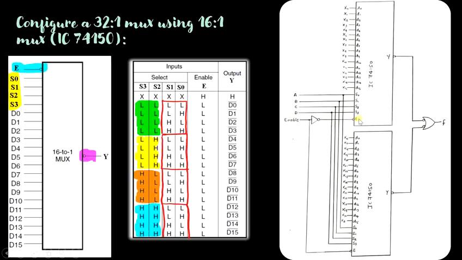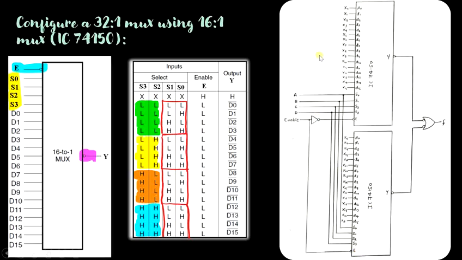Whereas, for the 5th select line, what they have done is, they have considered the enable to be one of the select inputs. So for the first IC, they have considered the select input enable to be 0, and for the second IC, they have considered the enable to be equal to 1.